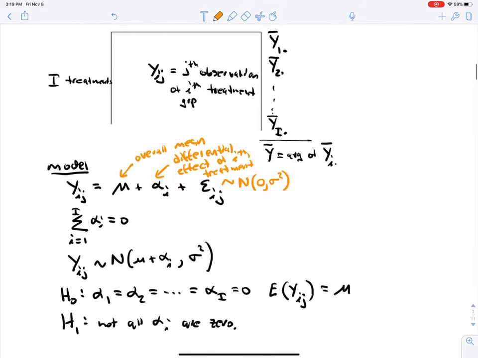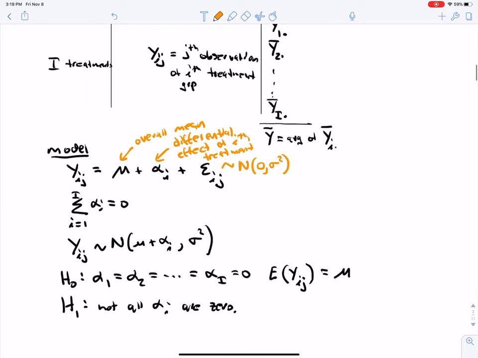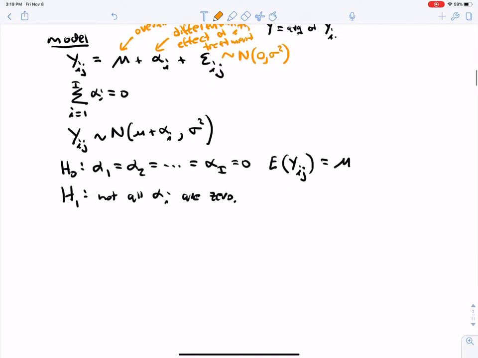And our model is that the jth observation of the ith treatment group consists of the overall mean plus some differential effect of the ith treatment, plus some noise, which is modeled as a normal random variable with center 0 and variance sigma squared. And we're going to assume that the sum of the differential effects is 0. So the yij are normal with mean mu plus alpha i and variance sigma squared.